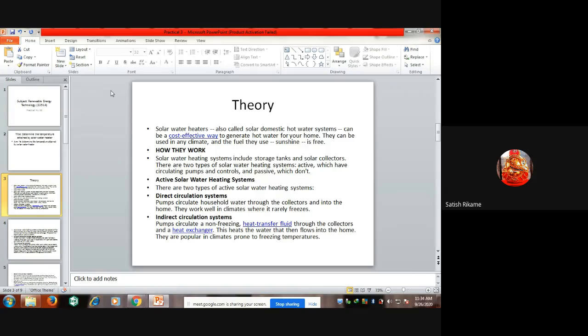Active systems are of two types: direct circulation systems, in which a pump circulates household water through the collectors and into the home, working well in climates where it rarely freezes; and indirect circulation systems, in which a pump circulates a non-freezing heat transfer fluid through the collector and heat exchanger. This heats the water that then flows into the home. They are popular in climates prone to freezing temperatures.